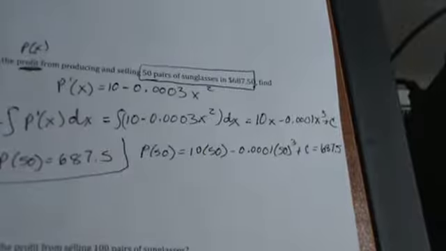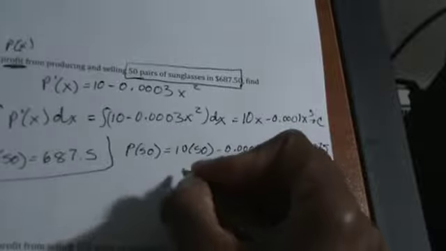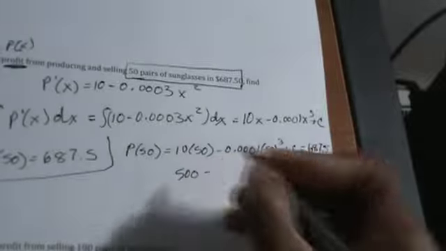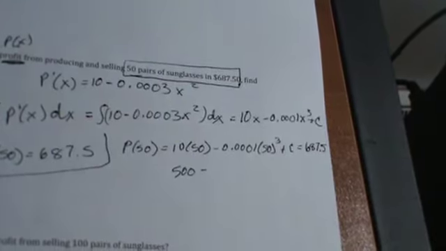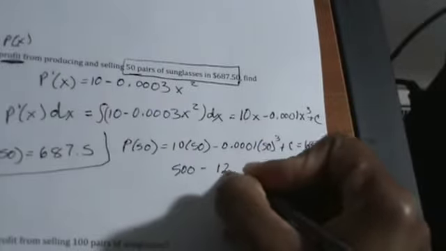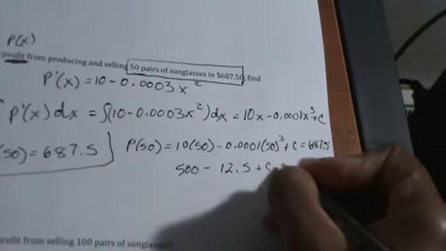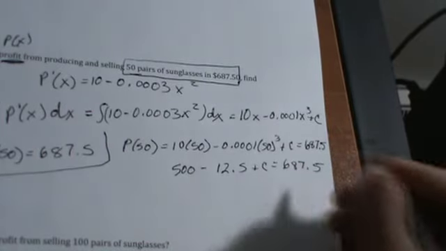All right. So I'm not exactly sure what these are. So 10 times 50 is 500 minus 0.0001 times 50 cubed. I got that this is 12.5 plus C equals 687.5.